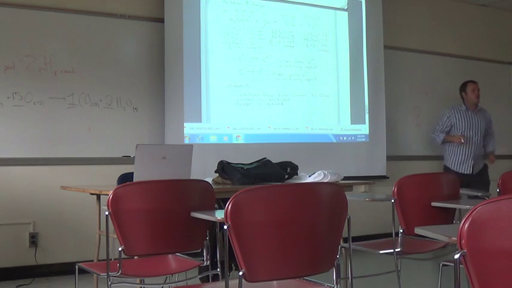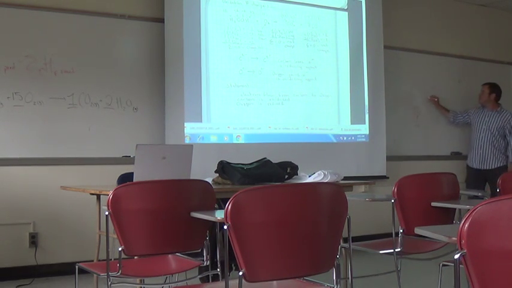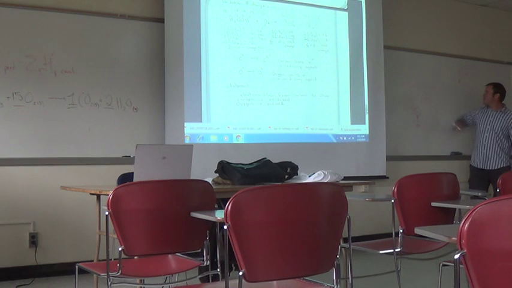I've resorted to drawing waters just as little V's. The point of the V is the negatively charged oxygen atom, and the two legs of the V are the positively charged hydrogens. So your positive charges get surrounded by waters like that, and your negative charges get surrounded by waters like this.